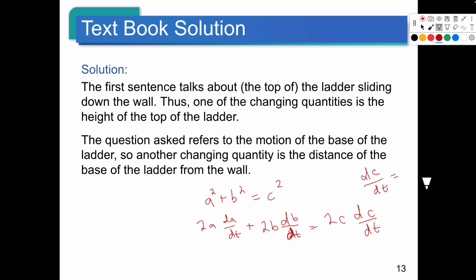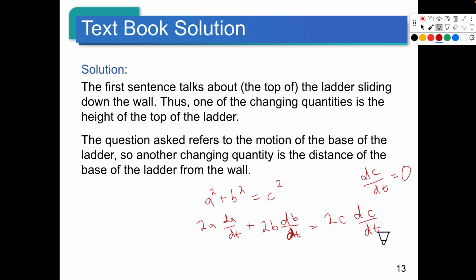Is the ladder changing over time? Is the length of the ladder going to change? It's a constant. So that would mean that its derivative would be 0, and so whatever 2c is, it's going to be 0. So we got the 0 there. But you're right, sometimes we're not sure, should I take the derivative at the very beginning, or should I do it later?